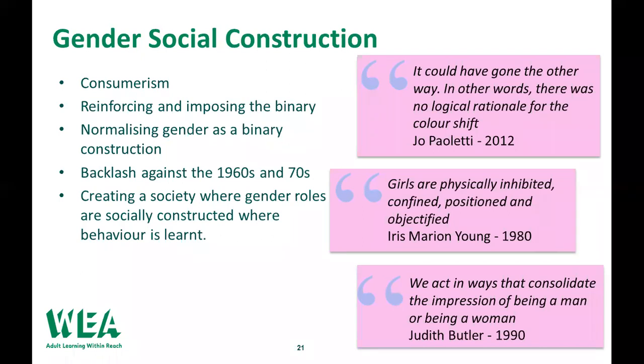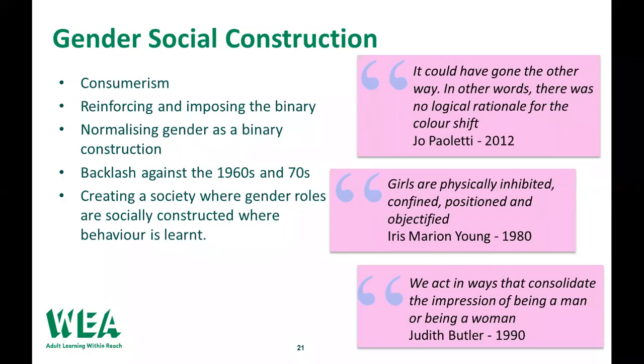So it's about what happens in society, and it's about this performativity and this construction of what people can see. And so we have a well-known academic, Judith Butler, who wrote in 1990 that we act in ways that consolidate the impression of being a man or being a woman.